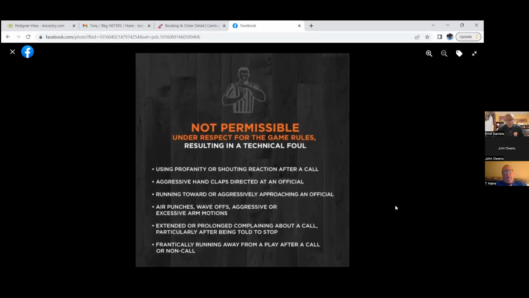And if you look at the adjectives and some of the words: aggressive, aggressively approaching, excessive arm motions, extended or prolonged, frantically, shouting reaction. Those are automatic.